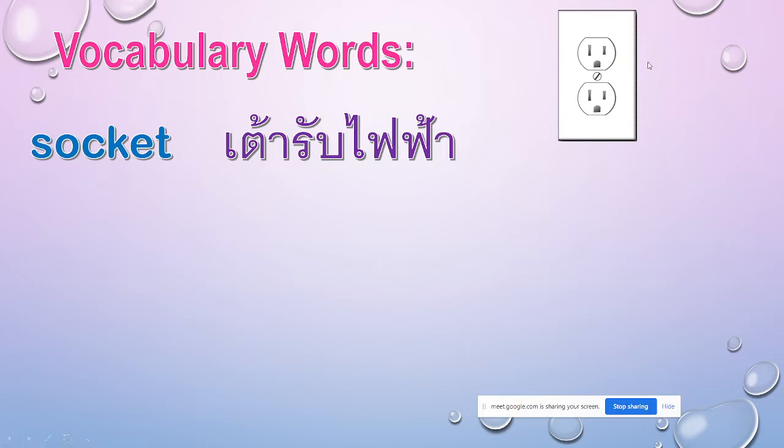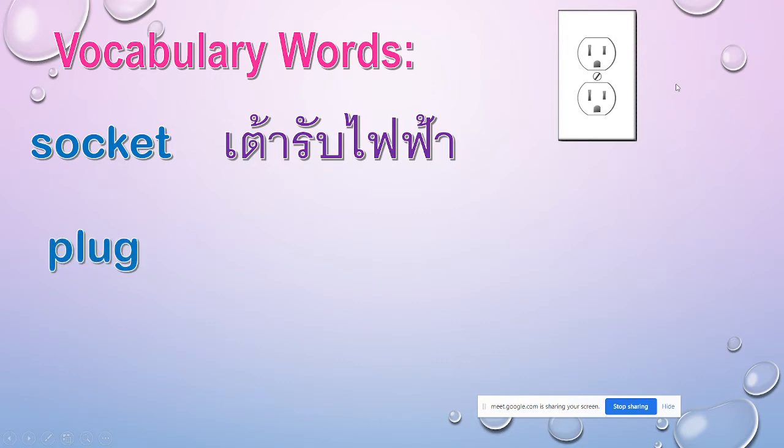Yes, this one is a socket when you are talking about electricity. But there's another socket, this part of your eye where you connect your eyeball inside here. That's called a socket also. But today, when we say socket, we are talking about the electricity one.